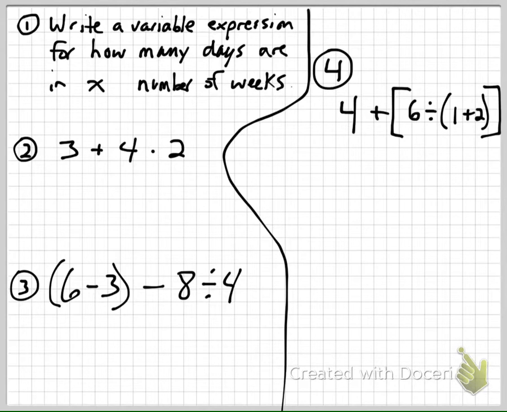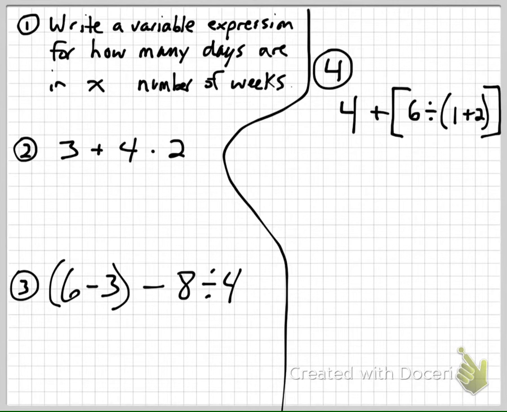All right, number 1 says write a variable expression for how many days are in X number of weeks. Well, hold on, let's talk about this. If I said how many days are there in 3 weeks, what's the answer? 21. How did you come up with that? 7 times 3, because there are 7 days in each week, right?